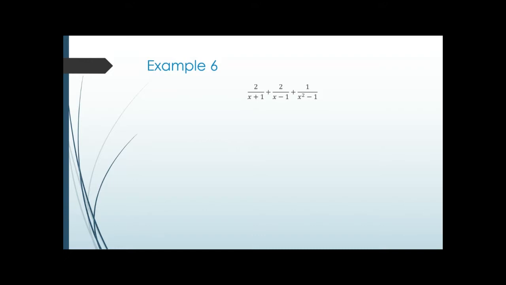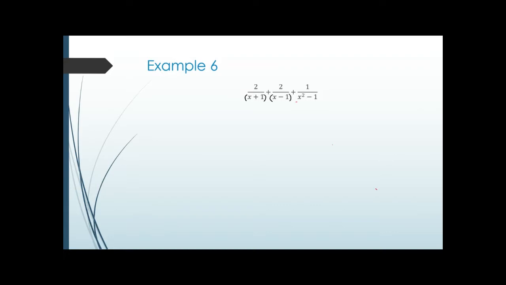So I have 2 over x plus 1 plus 2 over x minus 1 plus 1 over x squared minus 1. So I want to make sure all of these things that are added, think of those as having parentheses around them. So you cannot just say, oh, I've got x plus 1, x minus 1, let's combine those, and then the ones cancel. It doesn't work that way. Those have to be considered together. So I need to factor the x squared minus 1.